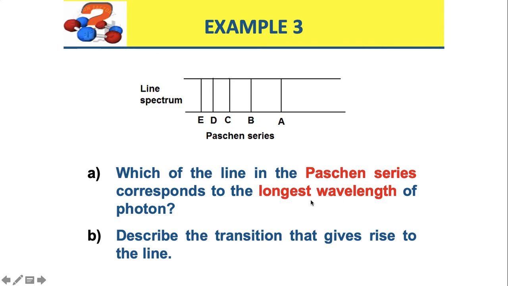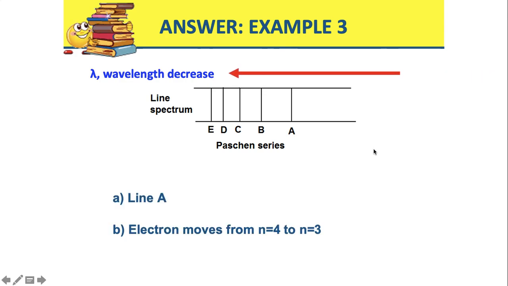Longest wavelength means smallest delta E. So the smallest delta E is this one. In the Paschen series, the electron falls from the fourth and above energy level onto the third energy level. So this line means the electron falls from n equal to 4 to n equal to 3.